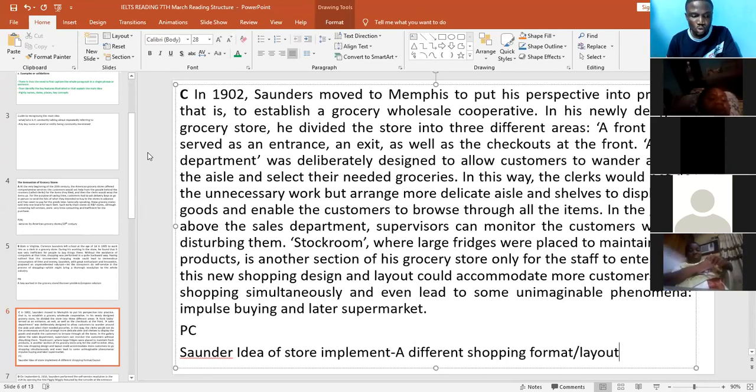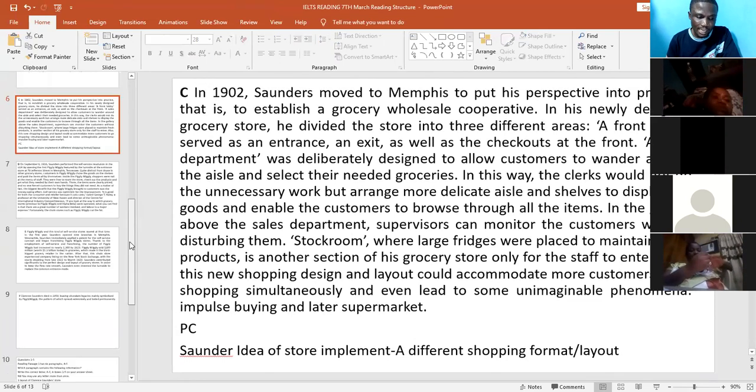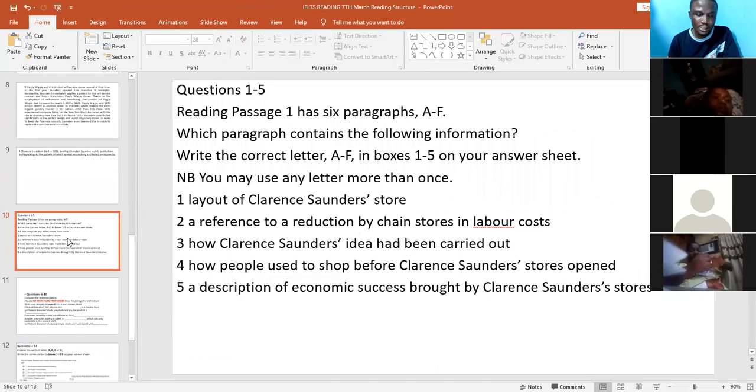And now I want to take us to the question again so that it can be clear this time around. Look at it: layout of Karen Sanders' store.